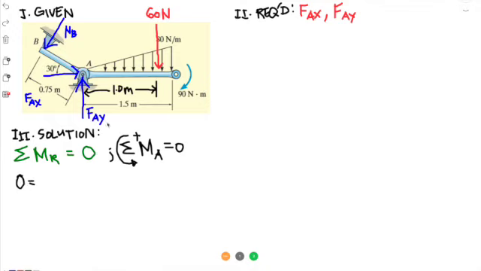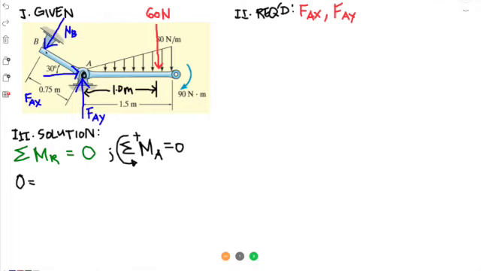So 0 would be if this is our pivot point. What forces will rotate it counterclockwise? We have here force NB.